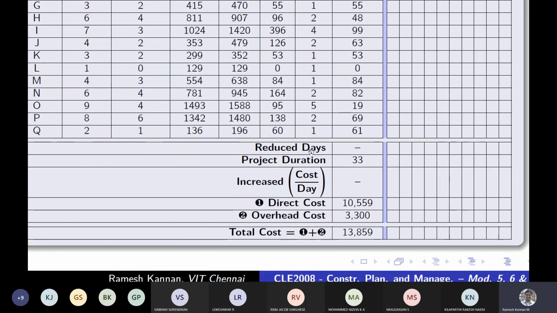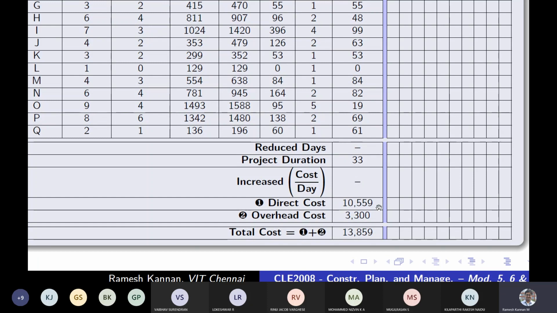And this is very important. In the initial stage, there is no reduction in days. The project duration is 33. Our objective is to reduce the project duration in such a way that at one point it becomes an optimum value, and that point will be our optimum cost, and the corresponding time will be the optimal time. There's no increased cost per day, which means there's no penalty at the initial moment.